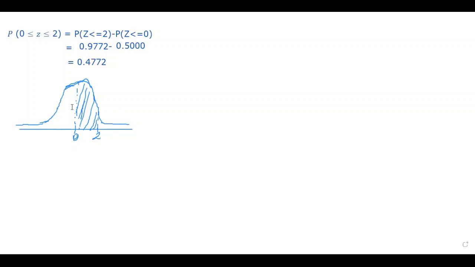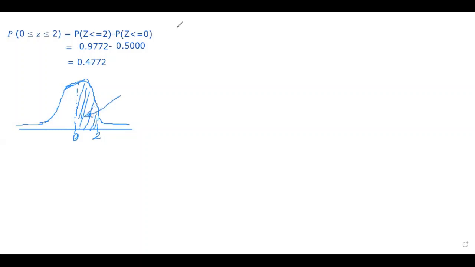Whenever you get something like this, just look at the probability that Z is less than or equal to the bigger one minus Z less than or equal to the smaller one. That will give you the probability between these two. So this 0.4772 will be your final answer for this part.